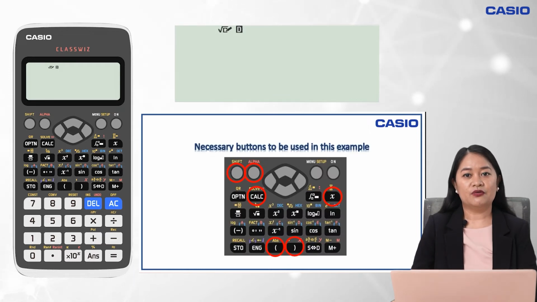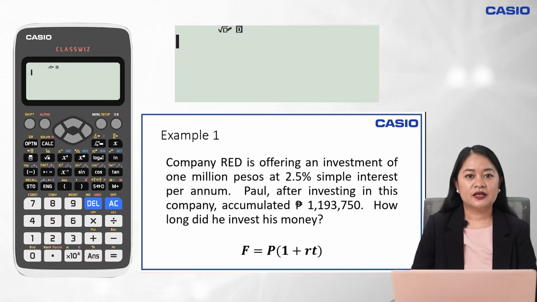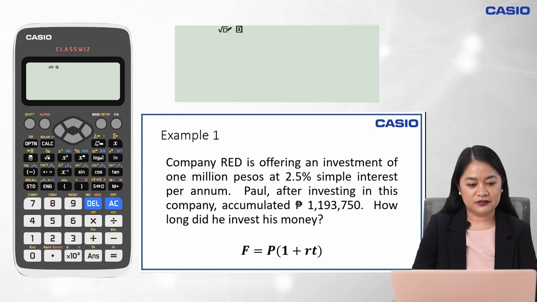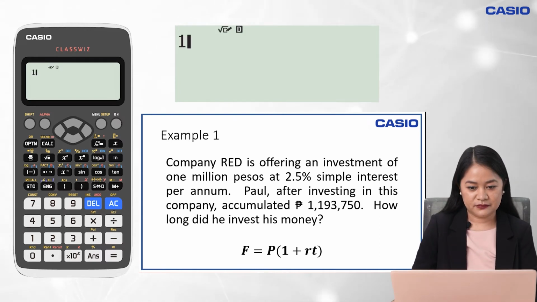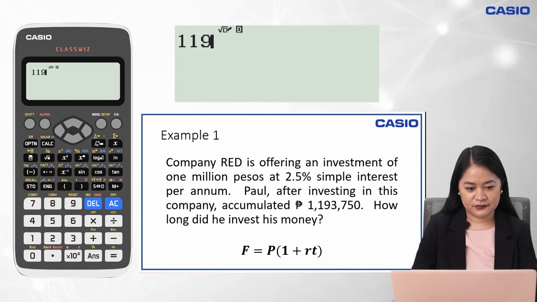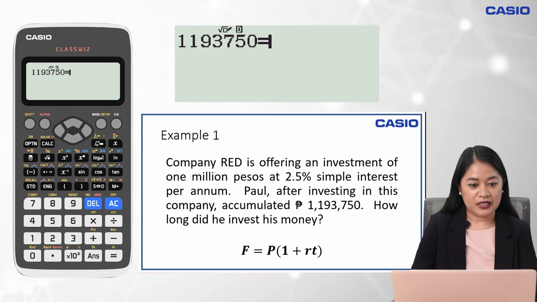Take note of the basic buttons to be used in our first example. So these are Shift, Alpha, Calc, open and close parenthesis keys, and X. So input the future value of 1,193,750, and then we press Alpha, Calc to input an equal sign.